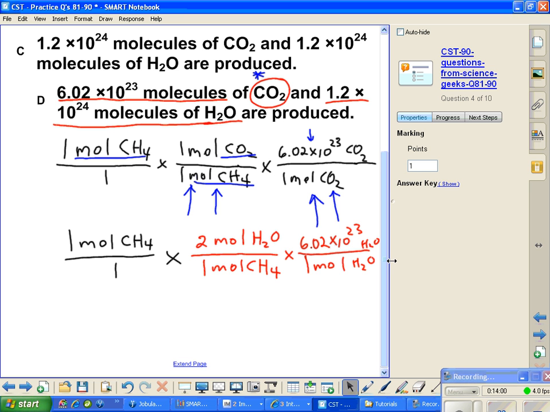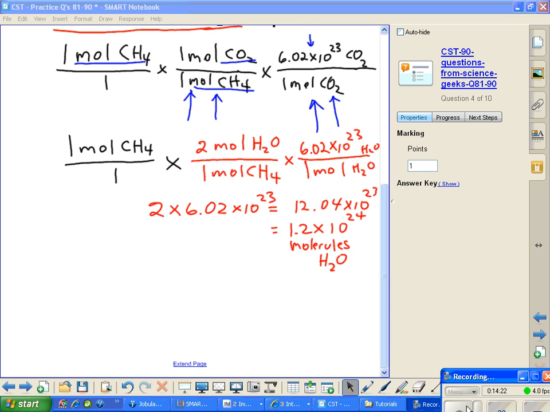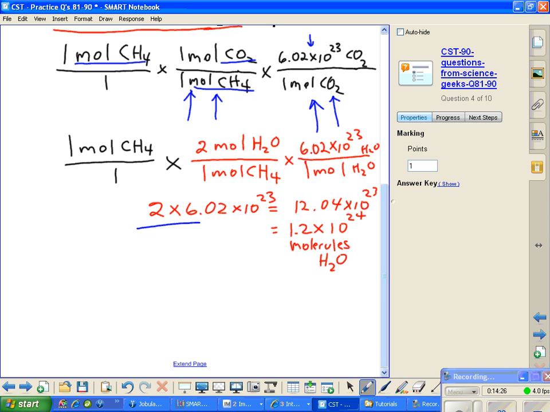What we wind up with is 2 times 6.02, which is going to be 12, but we're going to wind up with a little problem there because that moves the decimal. I'll work that out for you and show you that in just a sec. Okay, those numbers are now in front of you, and you can see what I did here.